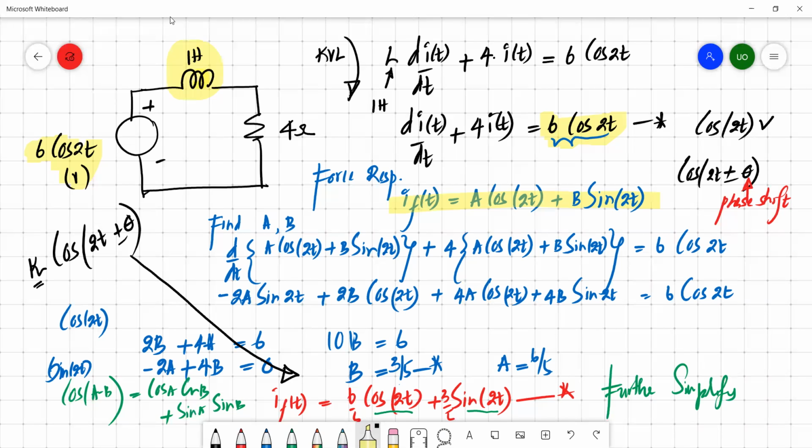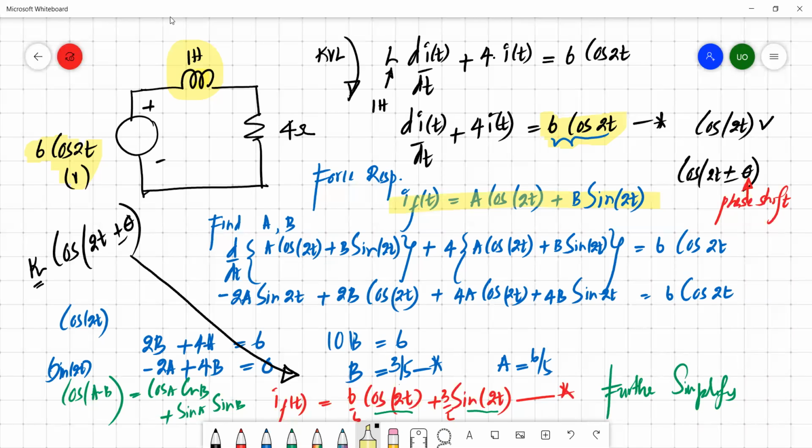So if you apply a sinusoidal type of source to the circuit, your force response, or the contribution of this source, is simply affected by the connected inductors or capacitors in the circuit as an additional phase shift.